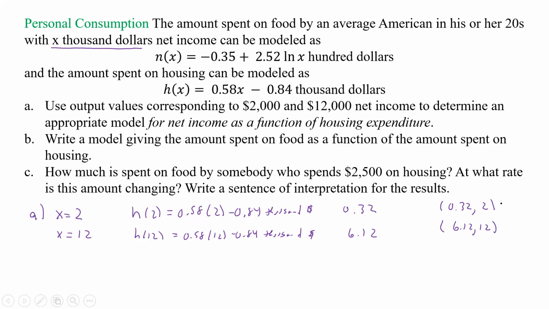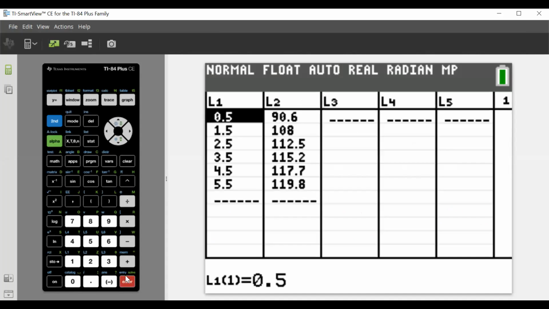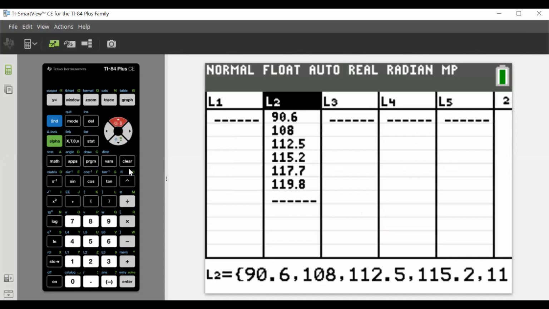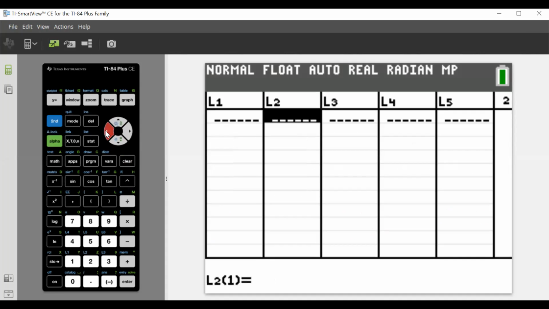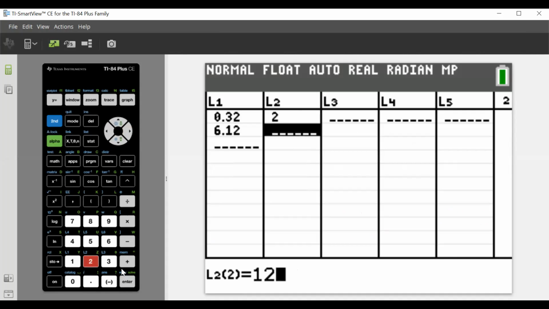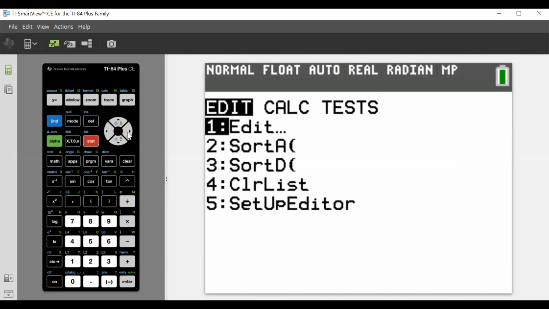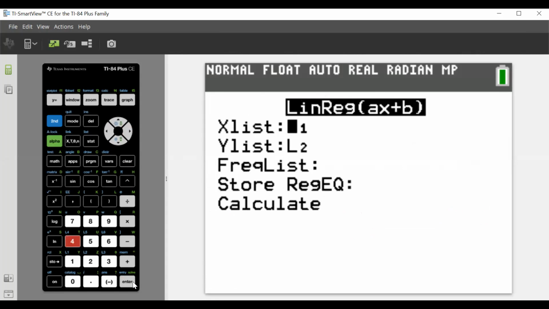So now we need to find that. With those 2 points, we could get a line. So that's what we're going to do: find an equation of a line. I'm just going to quickly do it this way. I have 0.32 and 6.12, and over here I had the 2 and 12. I want a linear fit, so it's number 4, 1, 2.